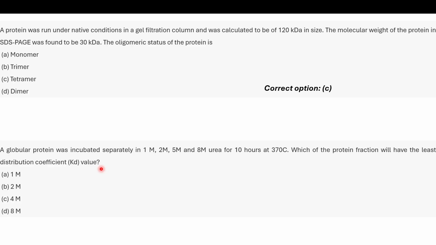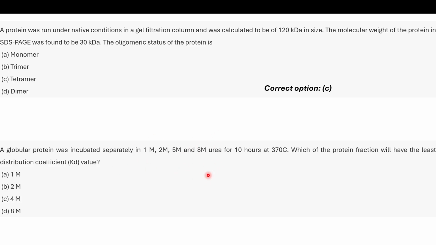the ones which have the time to really interact and get inside, or have access to the pores of the matrix. So the question being asked here is which protein fraction will have the least Kd value, which means it will elute out earlier, at the void volume of the column resin.